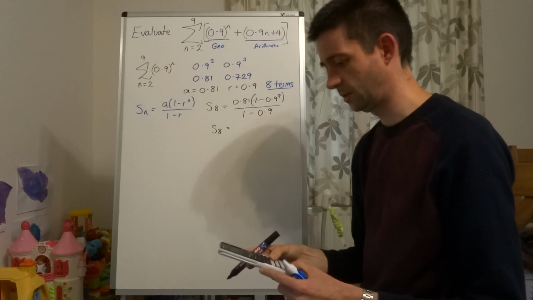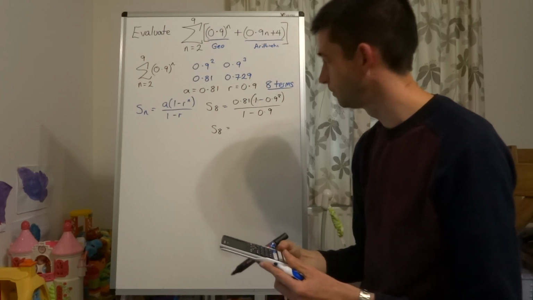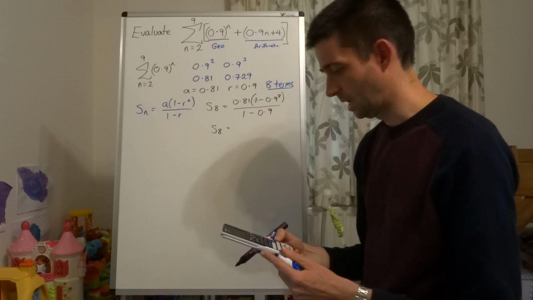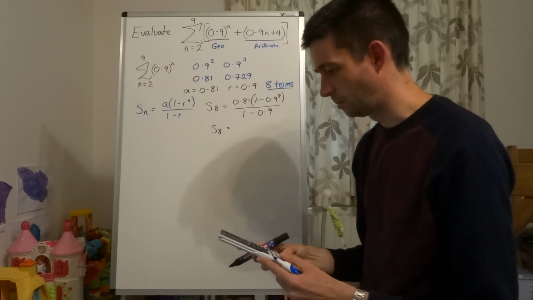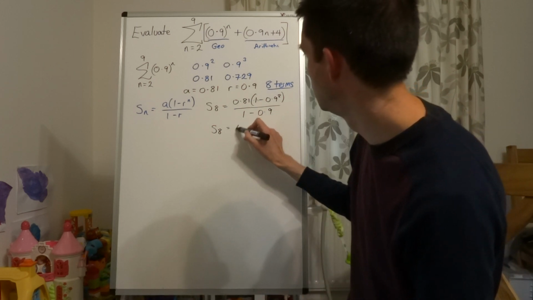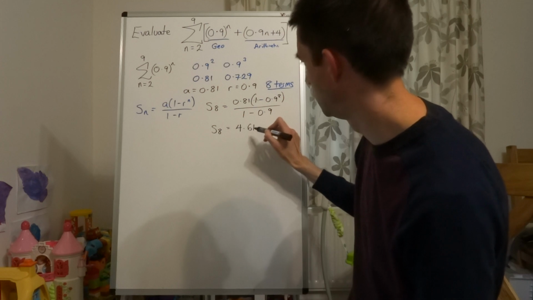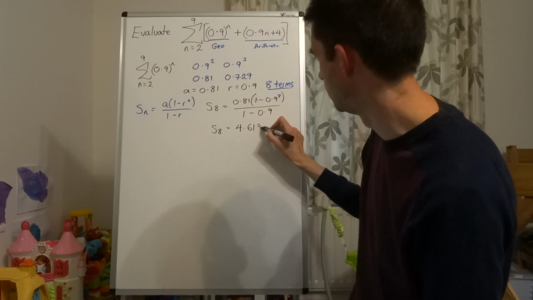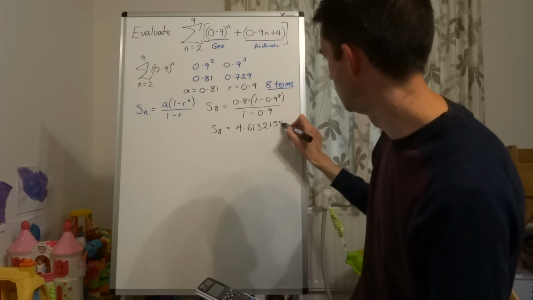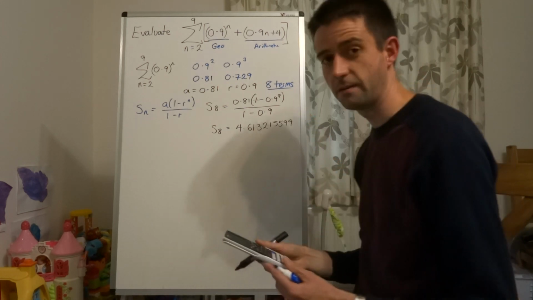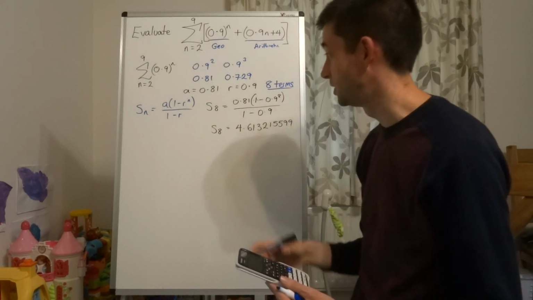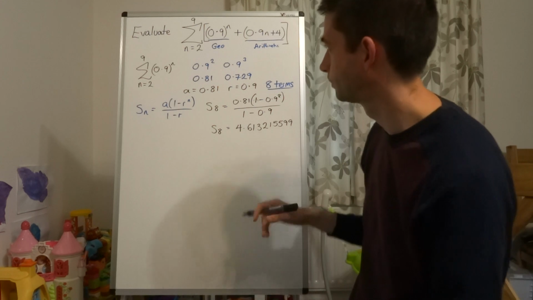So 1 minus 0.9 to the power of 8, multiply that by 0.81, and divide it by 0.1 is going to be 4.613215599, and I'm going to store that as a value in my calculator so I can use it later on.